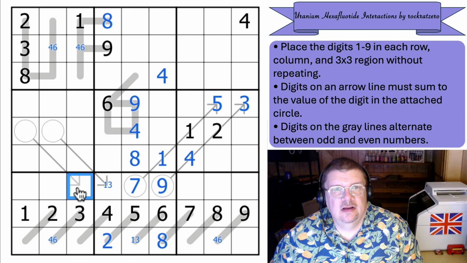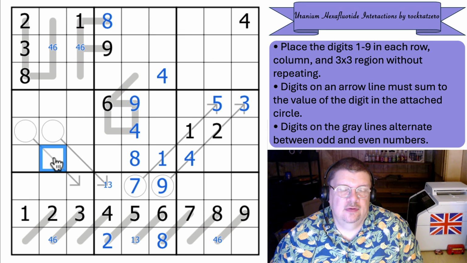Okay, this cell is at least a 4. It can't be an 8, because if that were 8, this would have to be a 1, and in order for that to be 9, but it can't be a 1.